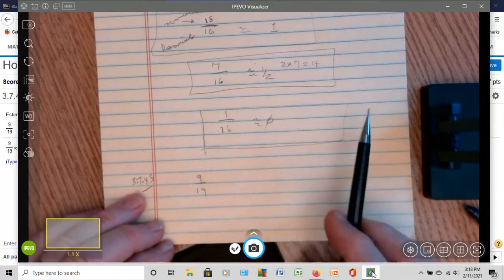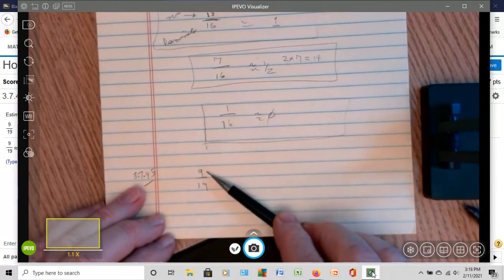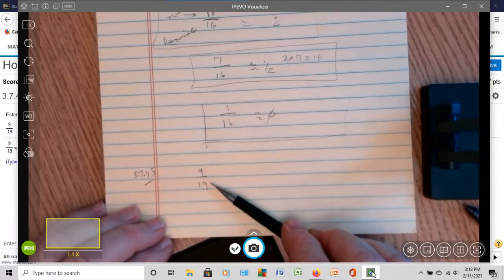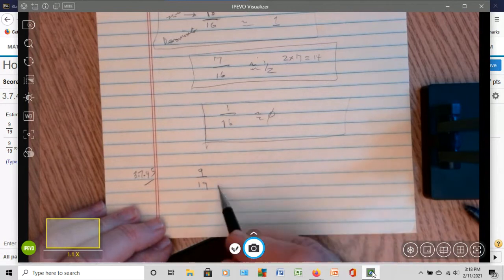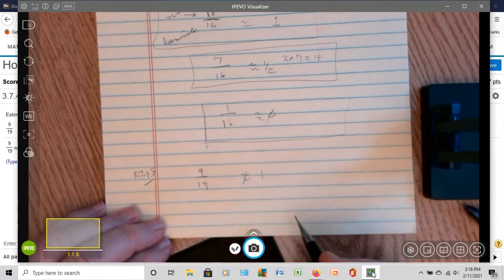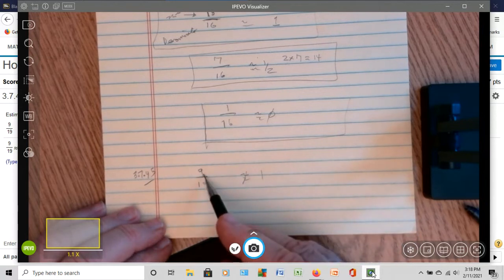So here's the problem we're going to look at on Math-Excel. The fraction they gave me was 9/19. You can say, well, 9 is not close to 19, so I don't think 1's the answer. And 9 is not a real small number relative to 19, so I don't think I'm going to call that one 0.